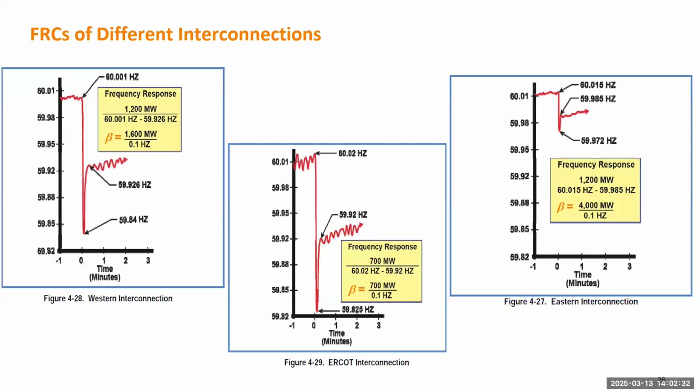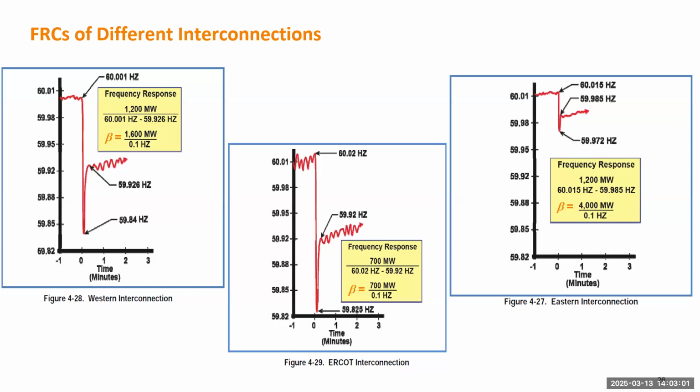Okay, so I just show this as my last slide. This one gives you an idea of the beta value for each interconnection. For the Western connection, the beta value is 1,600 megawatt per 0.1 hertz. So in order to see 0.1 hertz frequency change, you're going to change the power in either generation or load by 1.6 gigawatt.